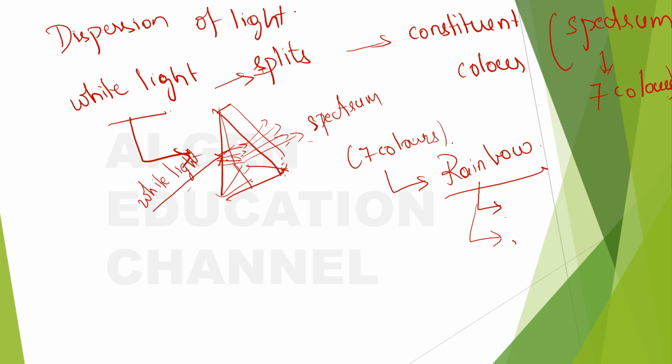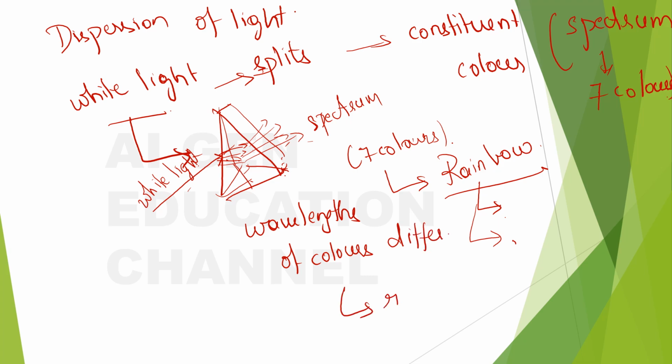Now let us get into the concept of rainbow. All right, I forgot to mention, why is this happening? Why is the white light getting split up into 7 colors? This is because the wavelengths of the different colors differ, and because of this the capacity to refract also differs.